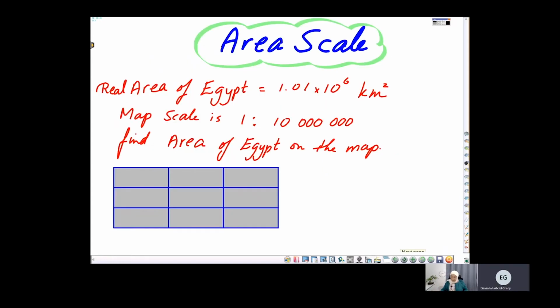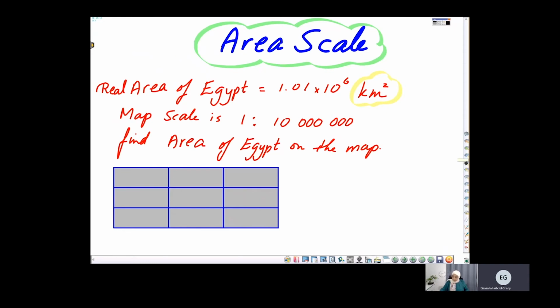What about finding areas of countries or areas of cities or area of a lake, for example? The word area. You remember? Multiplied by 100 square, multiplied by 1,000 square, multiplied by million square, because area is usually measured in a unit of measuring which is squared. Like here, area of Egypt is 1.01 times 10 to the power 6 kilometers squared.